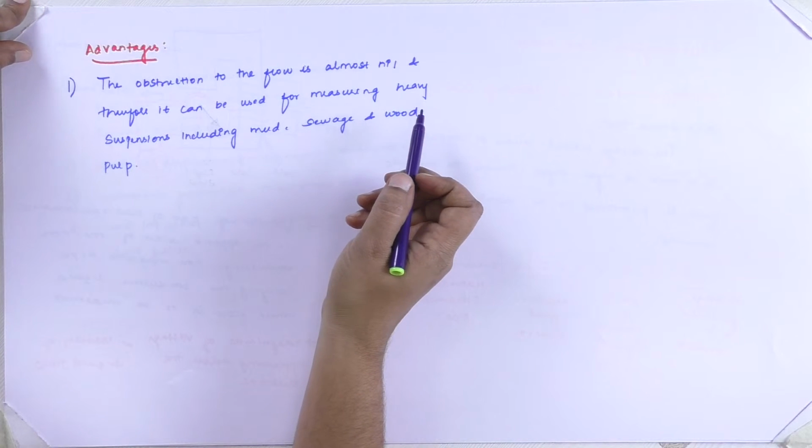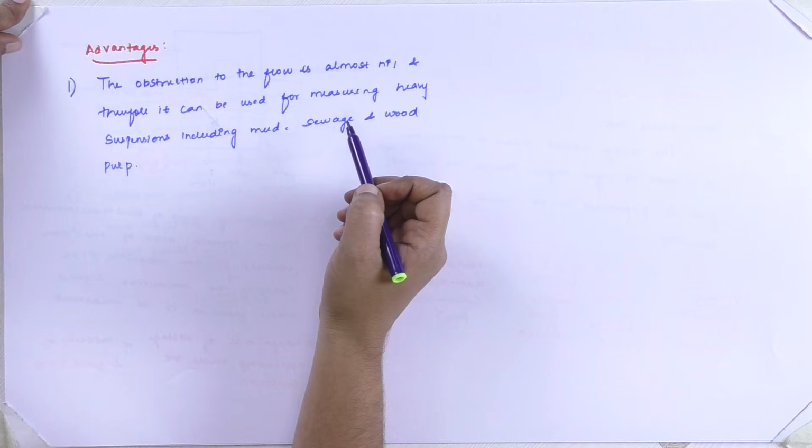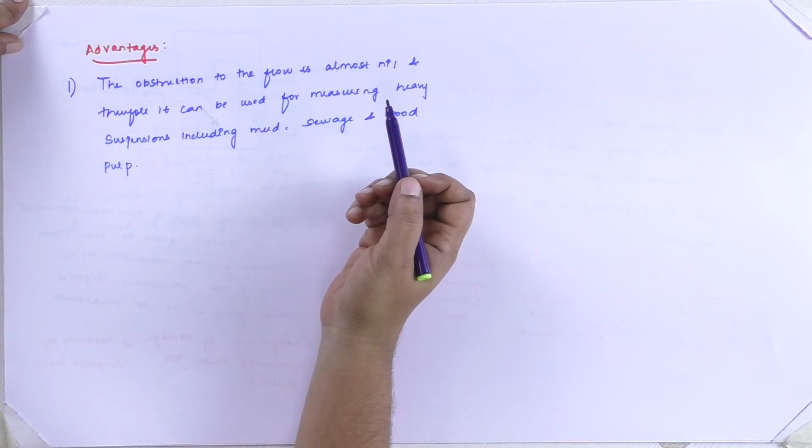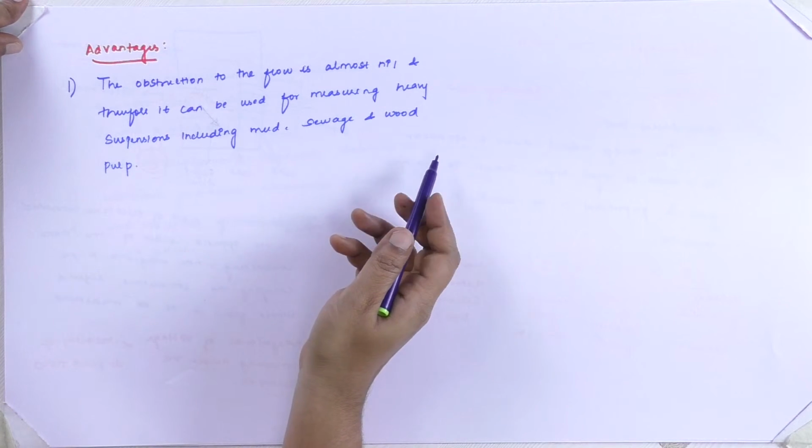So the obstruction to flow is almost nil in the case of this electromagnetic flow meter. So it can be used for measuring the flow rate of conductive liquid having mud, sewage and wood pulp.